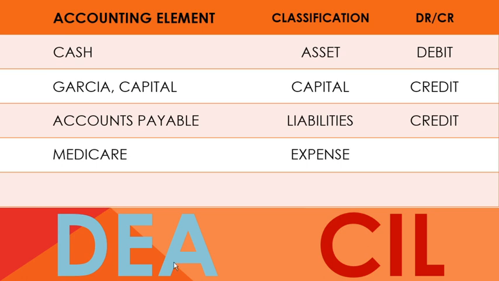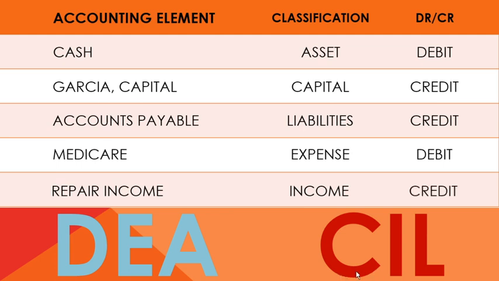So, ito po ay under po ni DEA. So, ito po yung expenses. So, therefore, ang kanyang normal balance po ay debit. And next one, we have repair income. Repair income, okay, so nakita nyo na siya automatically. It is classified as income. And dahil nga under siya ni SIL, ang kanyang normal balance ay credit.